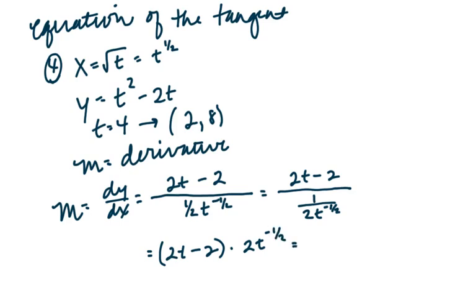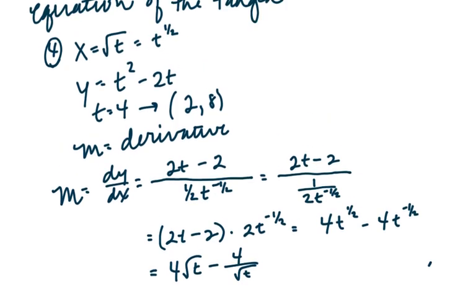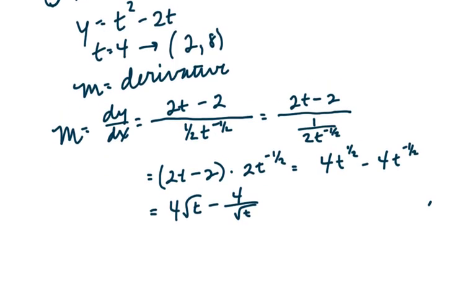So that means we end up with 4t to the 1/2 minus 4t to the minus 1/2. So this really is 4 square root of t minus 4 over the square root of t. So now let's look at it at t equals 4. So our slope is going to be 4 times the square root of 4 minus 4 over the square root of 4.